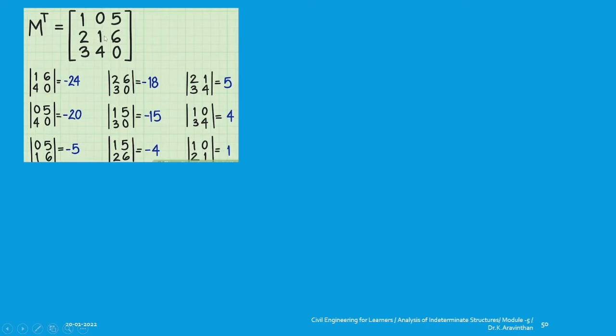And if you take this component, this center row and center column will get vanished, you will be getting 1, 5, 3, 0. And if you take the next component as 6, these two components will get vanished, 1, 0, 3, 4. You have to take the next one. If you take this 0, 5, 1, 6, this is taken, and you have to remove this component, you will be getting 1, 6, 5, 2, and the last one as 1, 0, 2, 1. This is the way to find the adjoint.